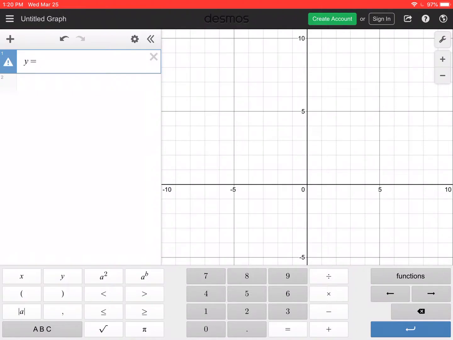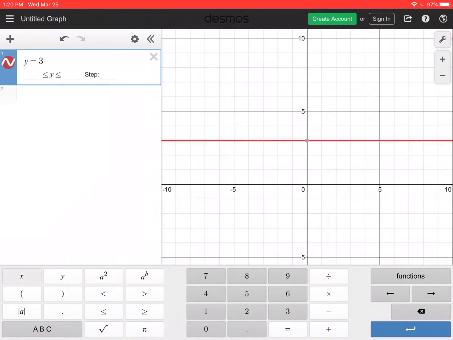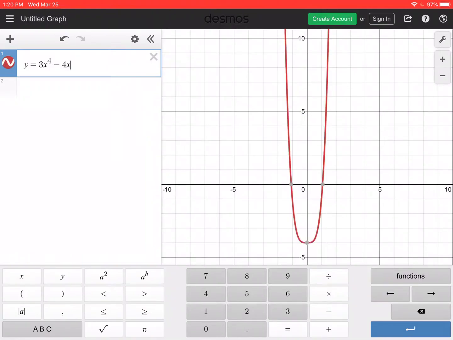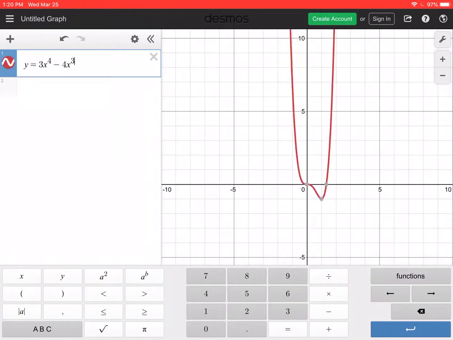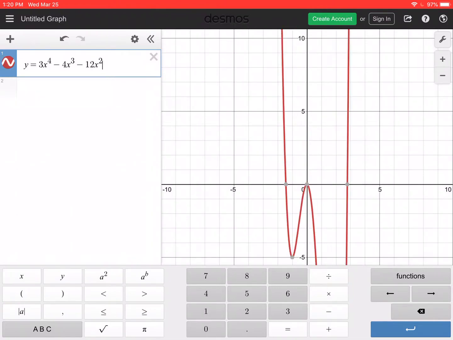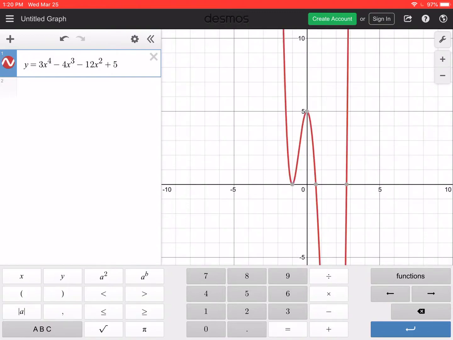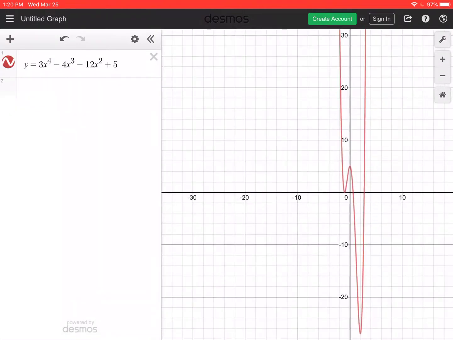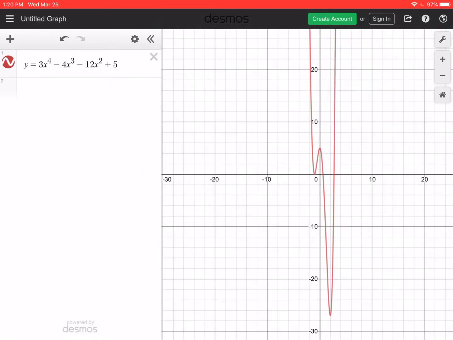y equals 3x to the 4th minus 4x cubed minus 12x squared plus 5. And this does seem to match with our assessment here, right?